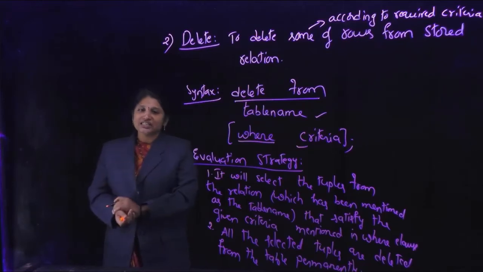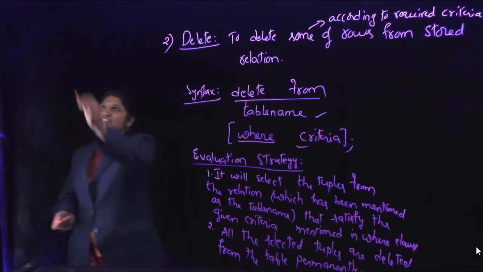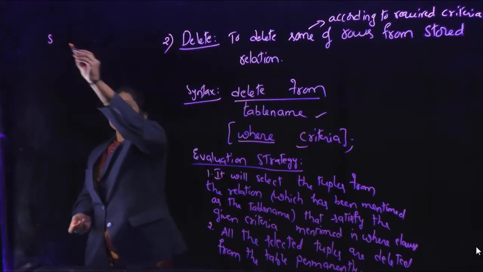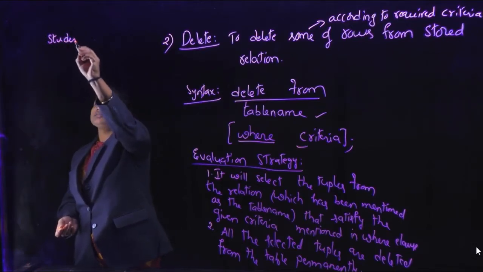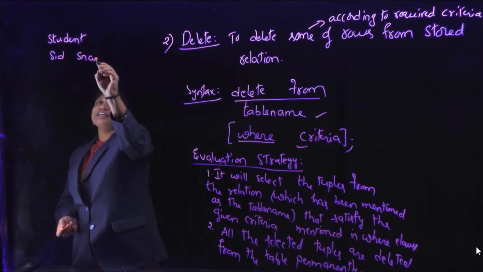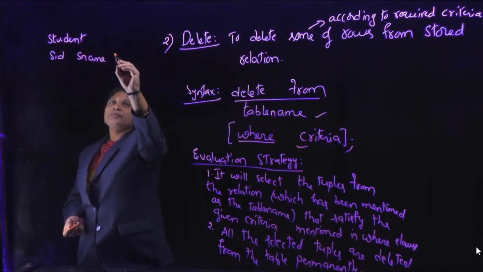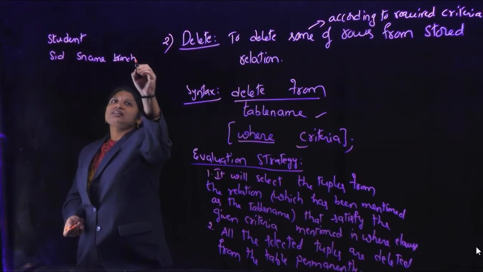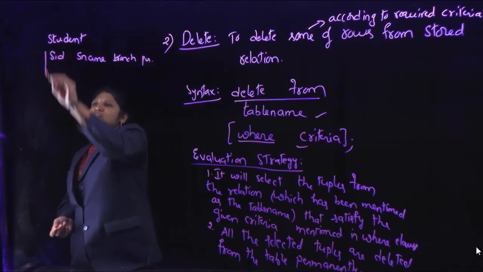Now we will see that evaluation strategy by considering an example. For example, the student relation consisting of the attributes SID, SNAME, branch and percentage.